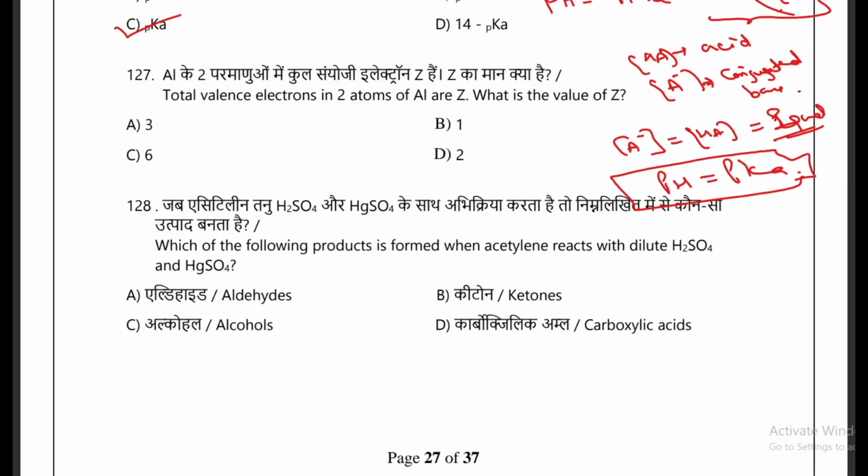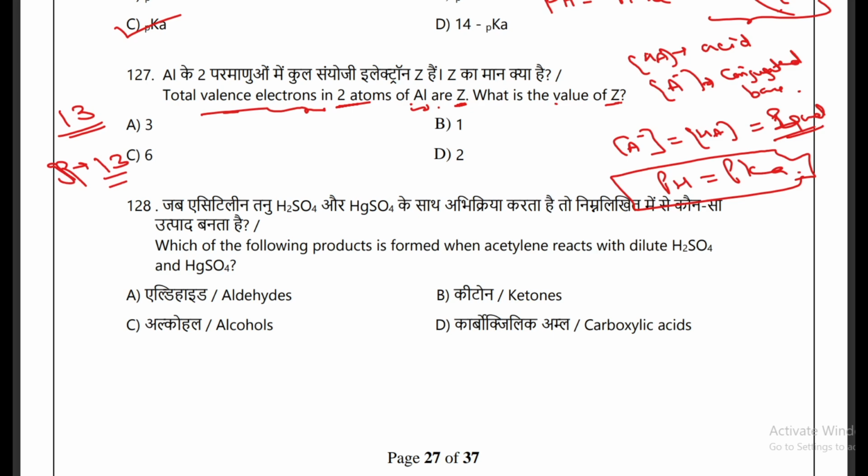In the next question, total valence electrons in two atoms of aluminium are Z. What is the value of Z? So you know that aluminium has atomic number 13 and belongs to group 13.